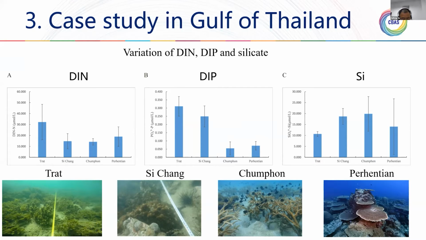In fact, in the north of Chang Island, corals cannot grow due to the freshwater runoff by the Tha Chin River in the Upper Gulf. In contrast, the corals in Chumphon are much better, and in Perhentian, the corals are the best.